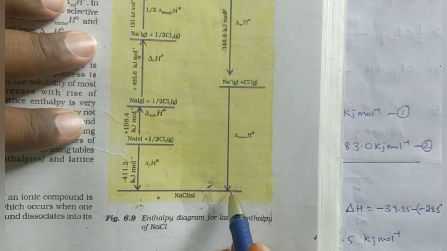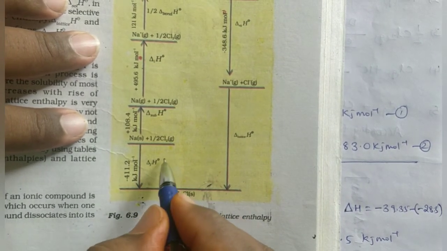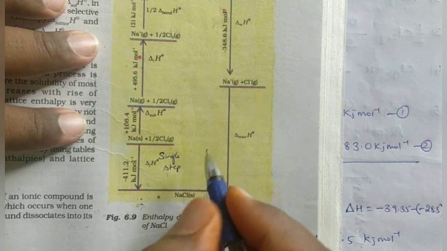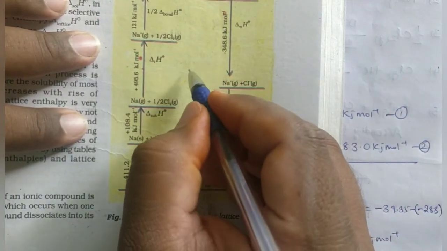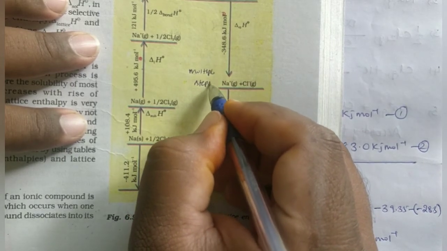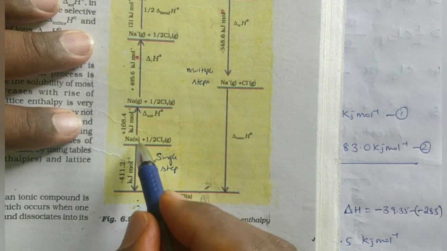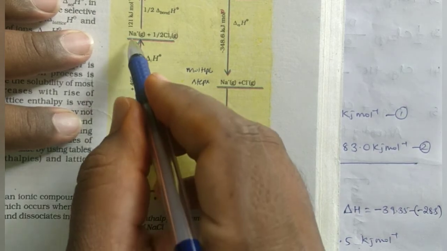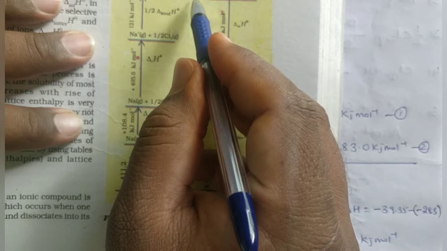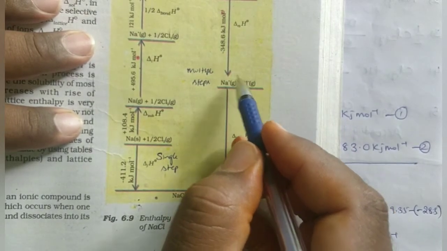These are multiple steps. This is a single step. And these are multiple steps. Na solid to gas, gas to plus, Cl molecule to atom, atom to Cl minus, both are combined.